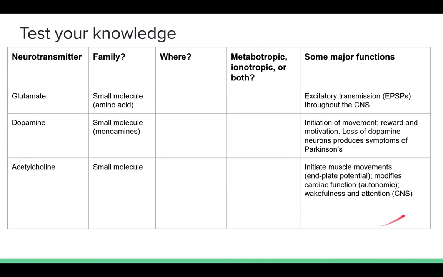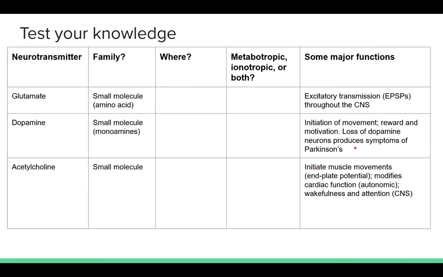We've talked several times about its role in generating muscle contraction at the neuromuscular junction. We've also talked a little about its function in cardiac tissue, its autonomic function, and even just now its roles for wakefulness and attention in the central nervous system. Hopefully you remembered at least one of these.